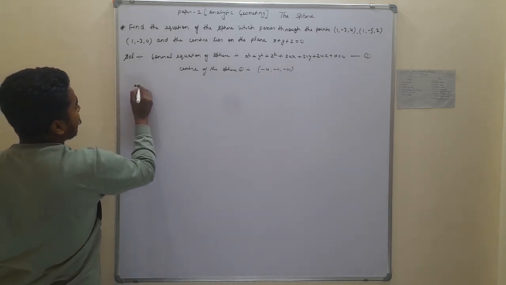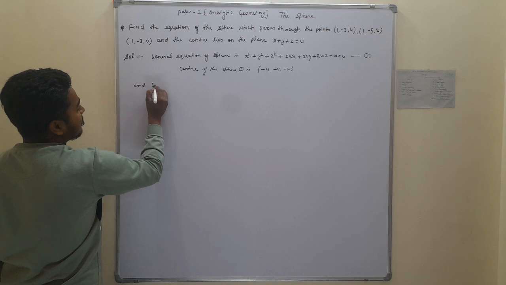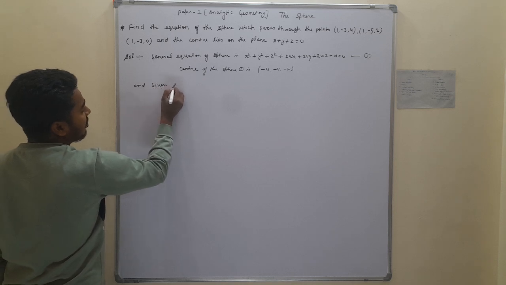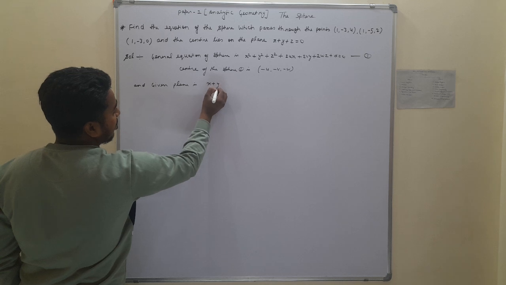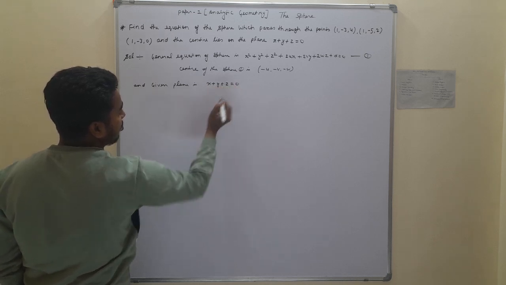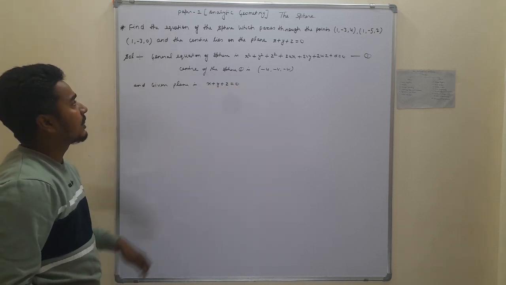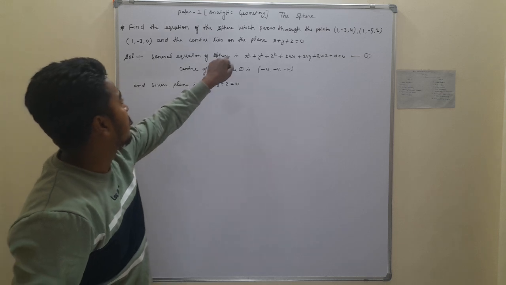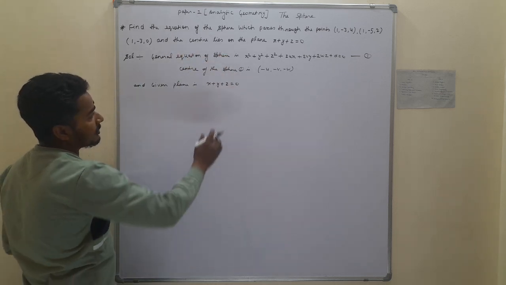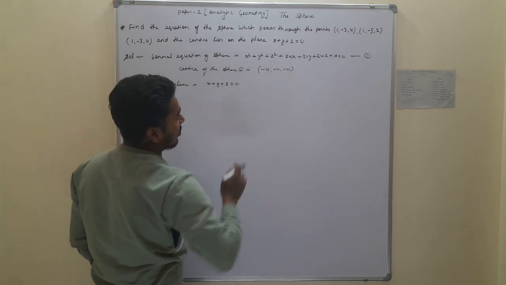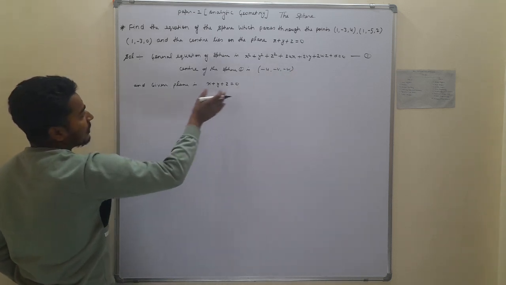The given plane is x + y + z = 0. According to the question, the center lies on the plane. The center of the sphere is (-u, -v, -w), so it must satisfy the equation of the plane.